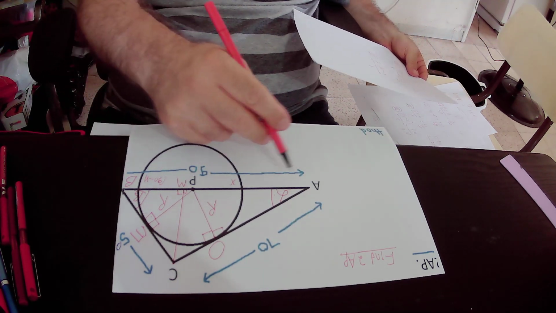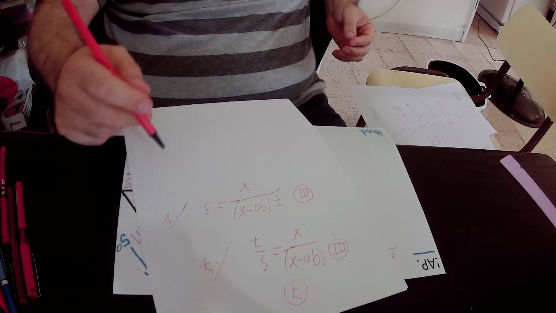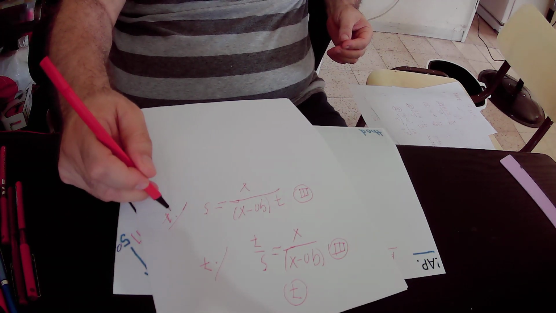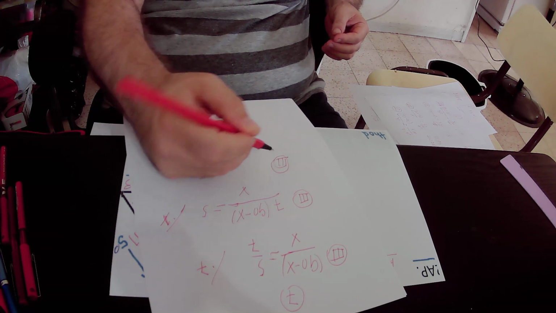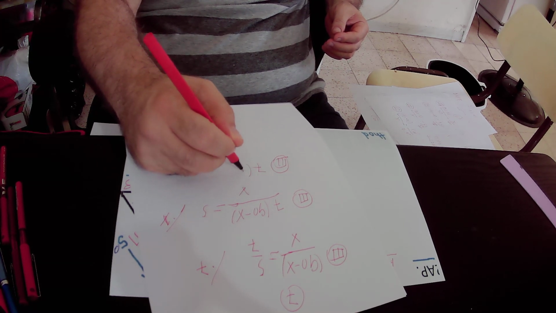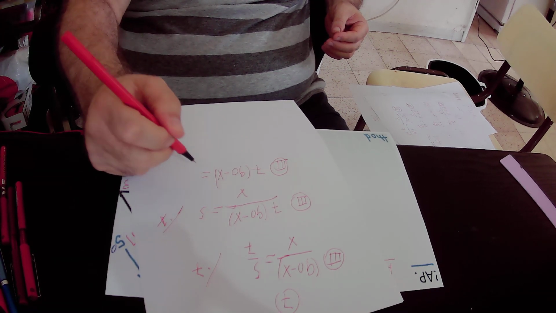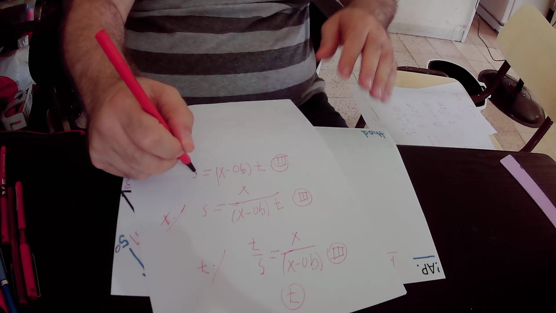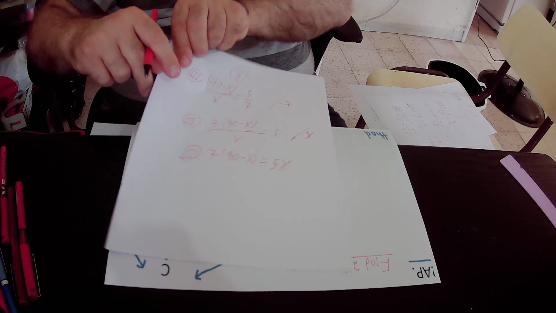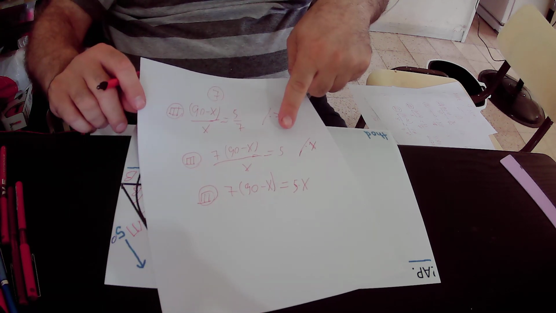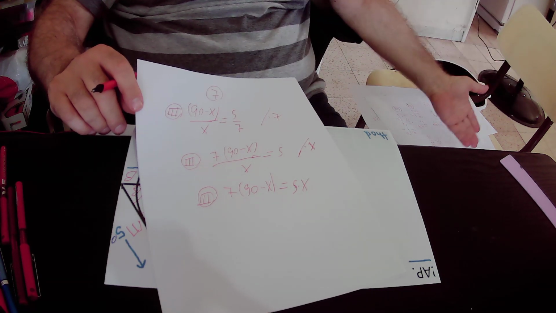It is a positive number, it can never be 0, so it is allowable to multiply both sides of the equation by X. So we'll get that 7 times 90 minus X equals 5 times X. Again, we multiplied 5 by X, so 5 times X equals 5X, very simple.